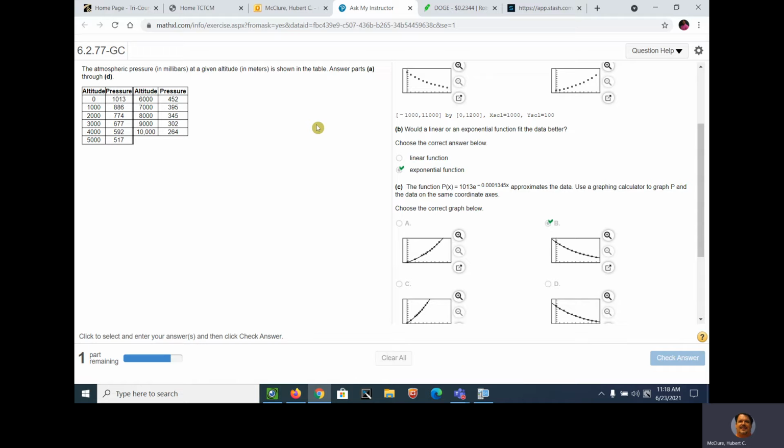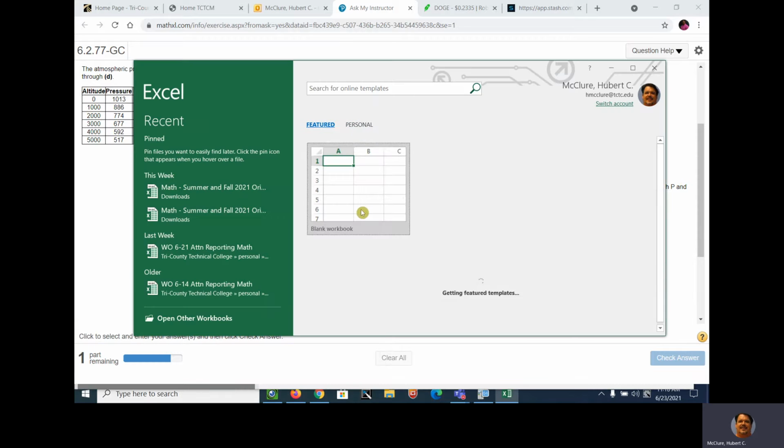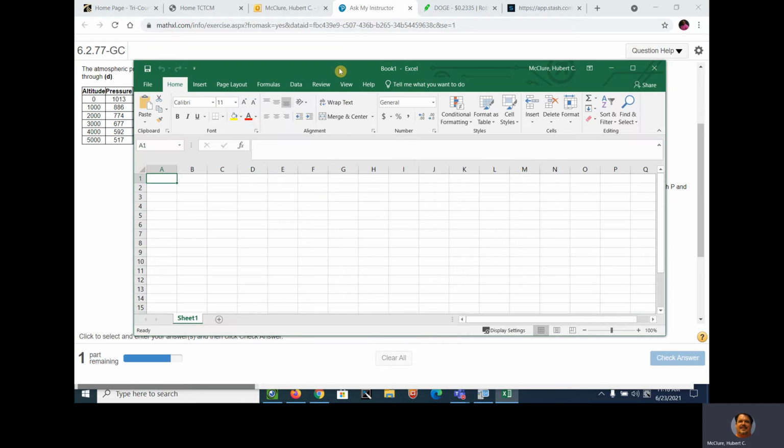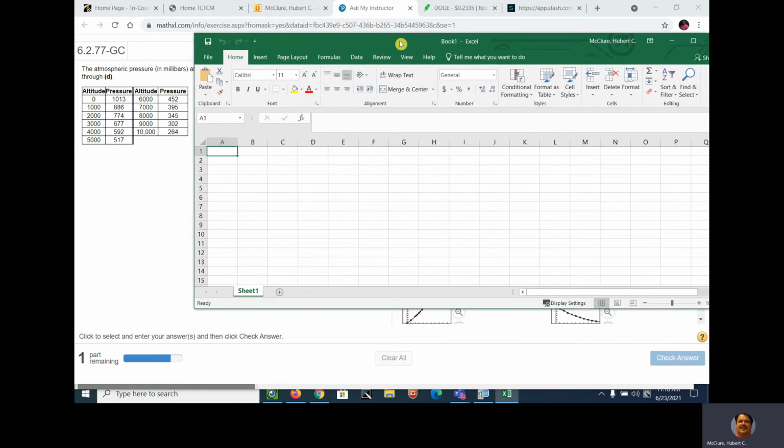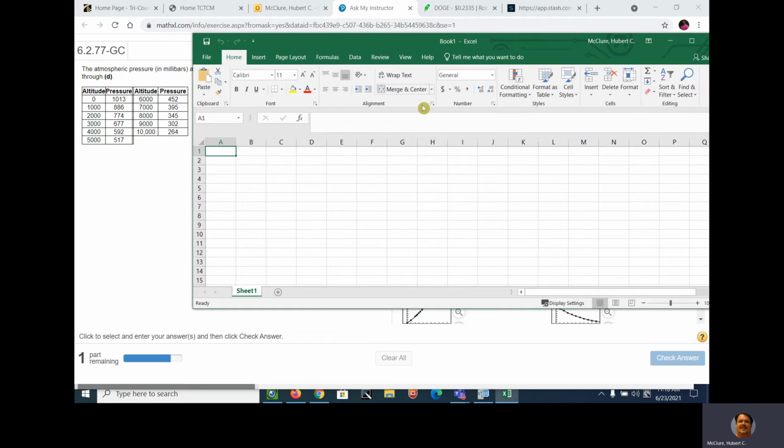I'll show you how to do it on the spreadsheet and the calculator. So how do you do it on the spreadsheet? Well, pull up the Excel spreadsheet and punch those numbers in. Now you might have to rewind the video.